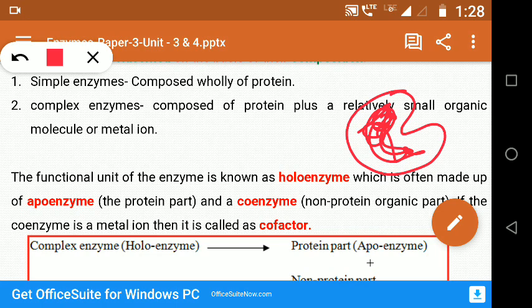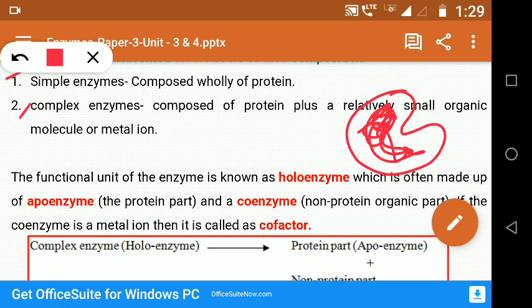So when we break the enzyme into constituents, what will we get? Only amino acids, just amino acids and nothing else. So this type of enzyme is called a simple enzyme, because it is completely composed of a sequence of amino acids, or protein.